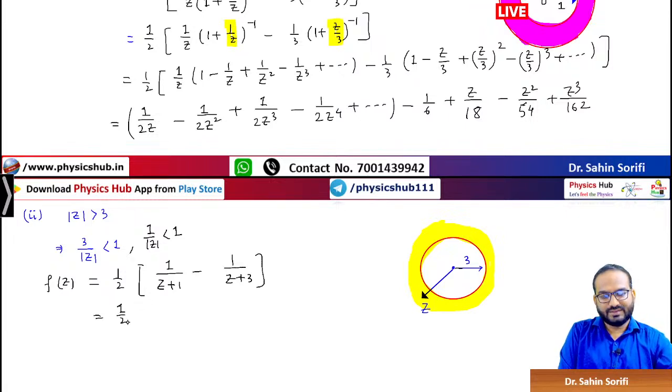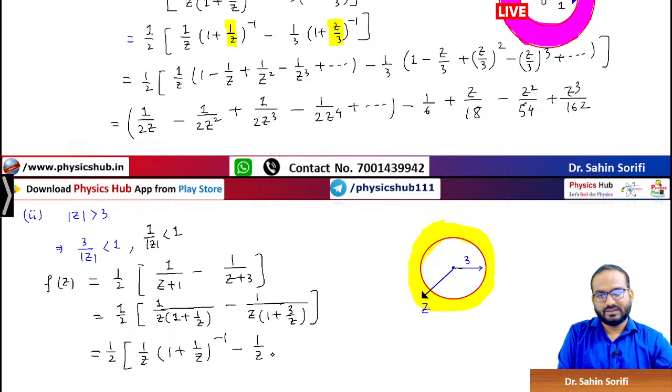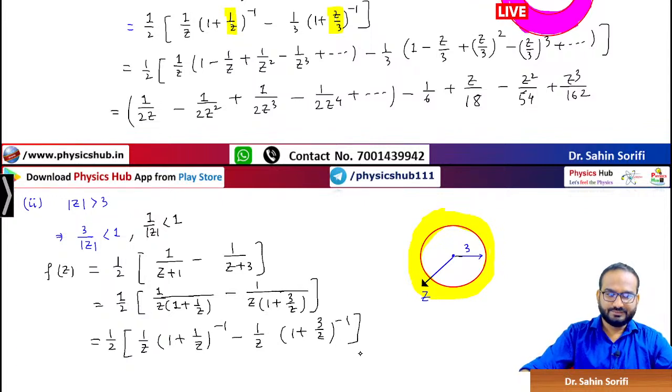So half times, if I take z common, you get 1 plus 1 by z minus 1 by z, 1 plus 3 by z. So this is half 1 by z, 1 by 1 plus z inverse, minus 1 by z, 1 plus 3 by z inverse. Clear?